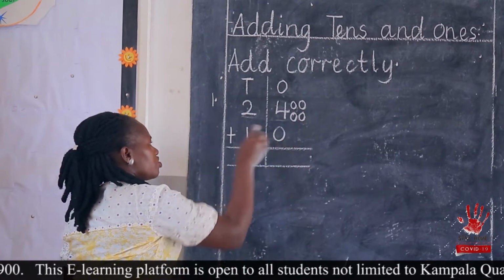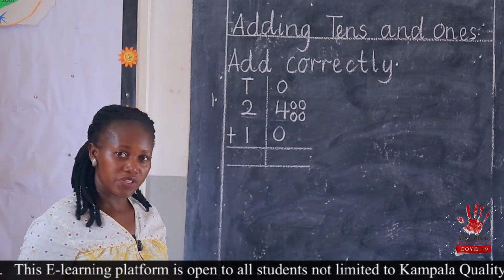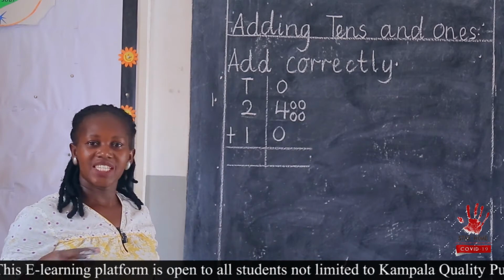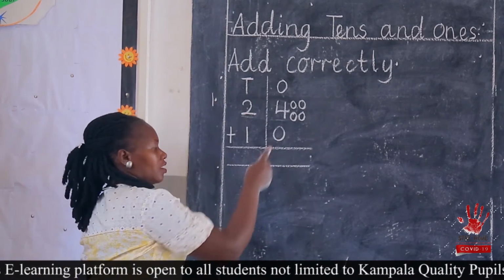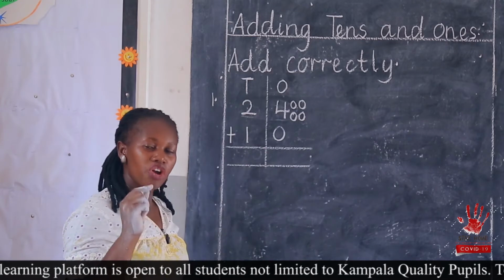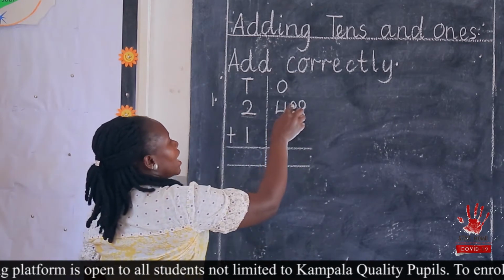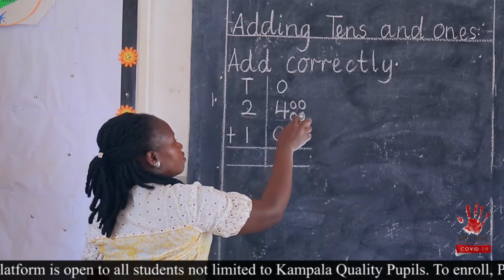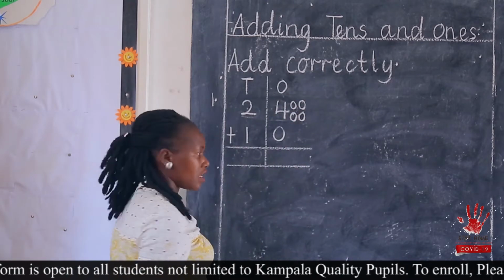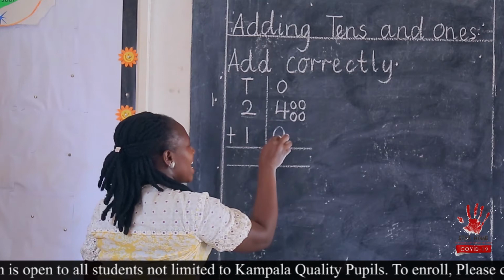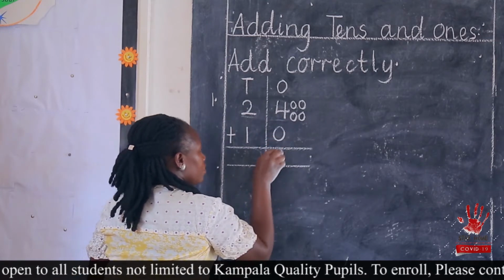Now, how about 0? Am I going to draw any balls for 0? No, 0 means nothing. So I have nothing there. That means I'm going to count only those balls that I've drawn. Okay? So 1, 2, 3, 4. That's my answer. And I write it just under and in the straight line. 4.